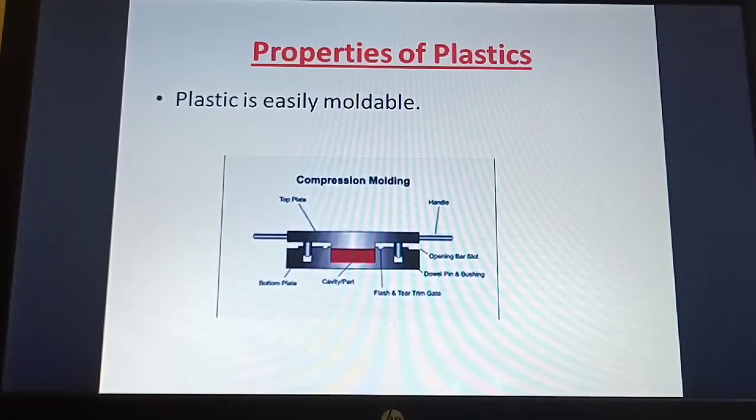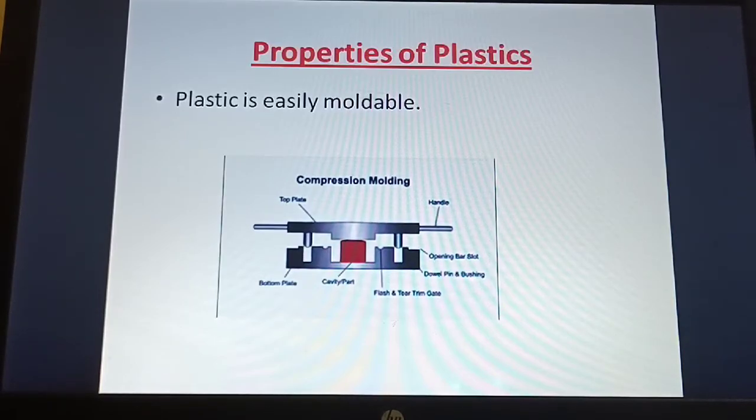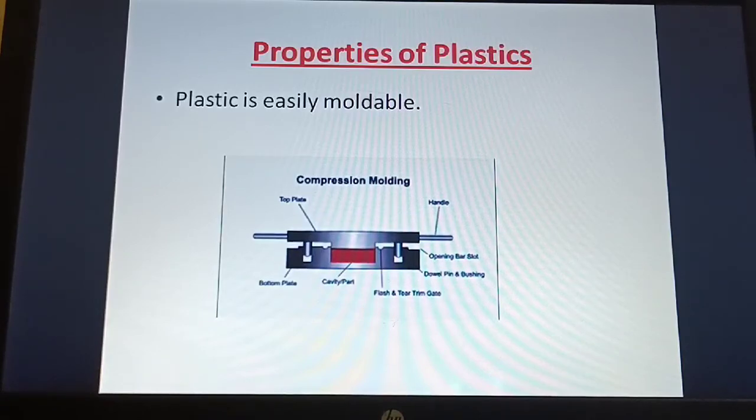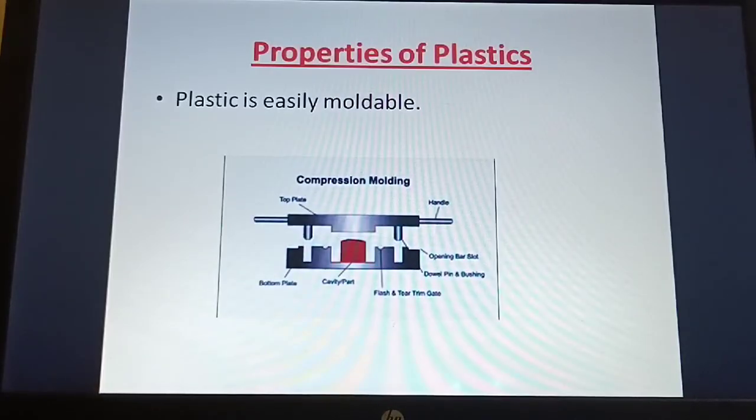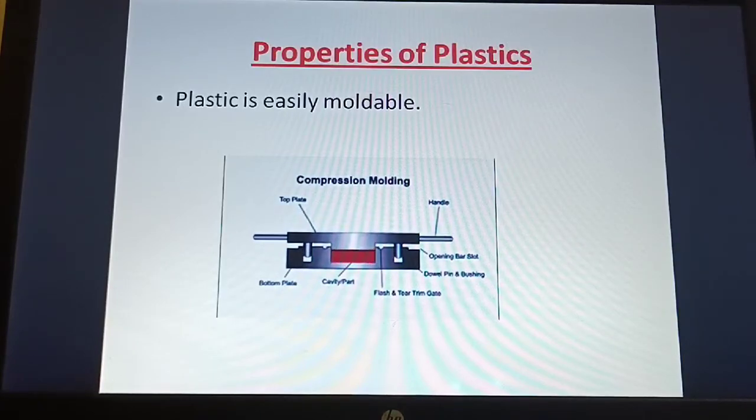If you consider your mother prepares roti, and she gives a proper shape. Before that, she molds the flour, isn't it? Yes, she molds properly and gives shape. Likewise, even plastic is easily moldable, it can easily change shape.